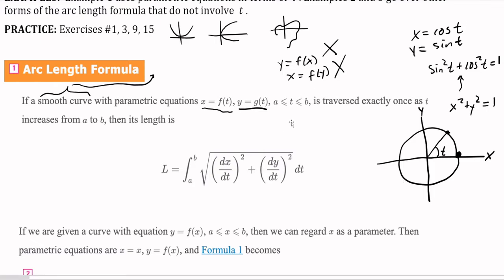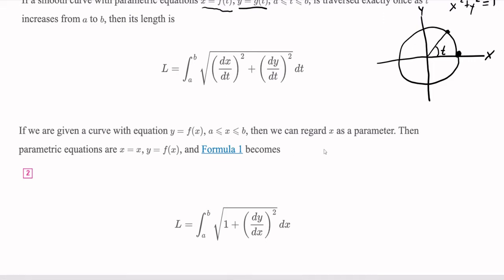Now, I said there were simplifications or changes to this formula. We can still do arc length in situations like these two. So this was our craziest situation we could get to, but we can do it on these, quote unquote, easier situations. For example, if my curve is y equals f of x, like I can write it like this one as a function of x. So our example here is just x squared, y equals x squared.